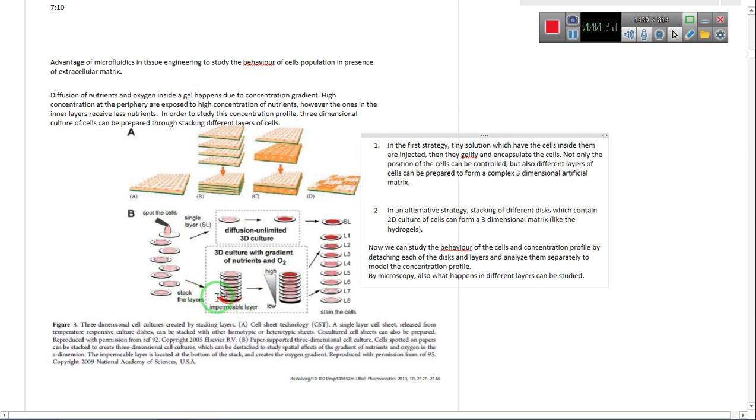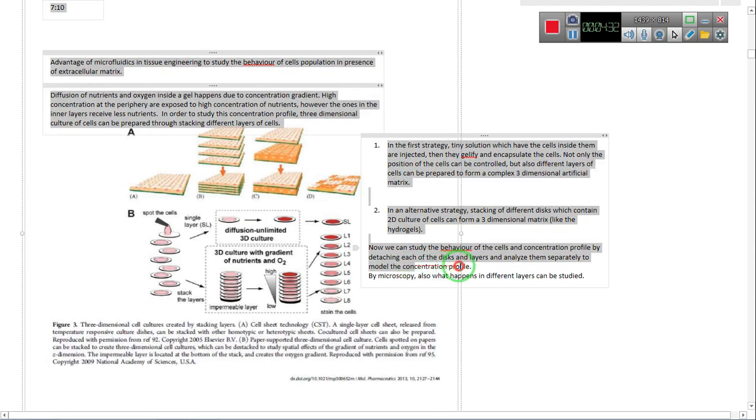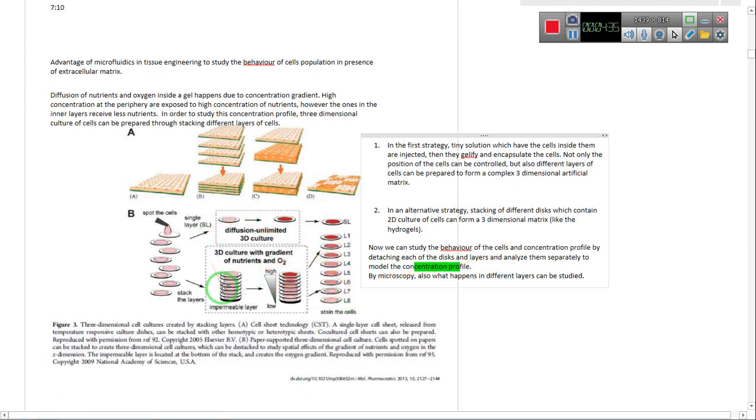But the last layer is the impermeable layer, and after exposing these three-dimensional matrices of the cells, for example, to oxygen and nutrients, and waiting for an appropriate time for the diffusion to take place, we can after that detach all these layers from each other to study separately the concentration profile which has happened within each of them.